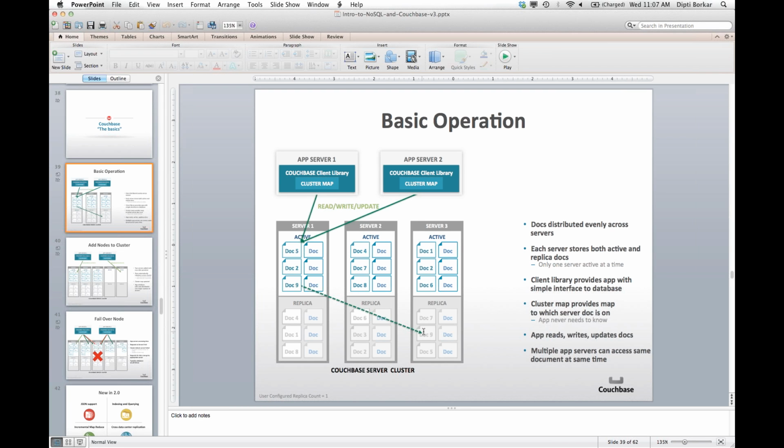In terms of data integrity within Couchbase, there is only one place to read and write data within a cluster. We persist that data to disk, so it's durable. In terms of replication and availability, it is replicated to other nodes in the system.